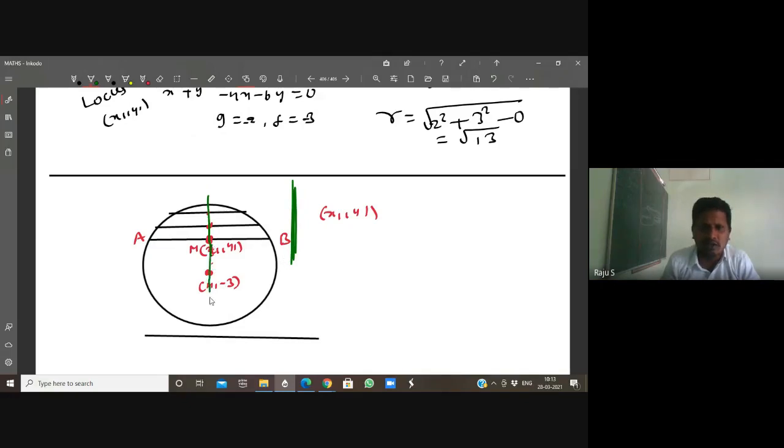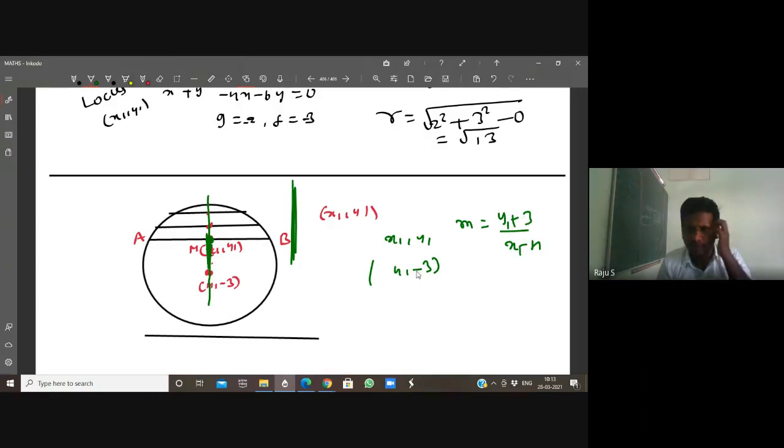So when I join the point 4 comma minus 3, the center, and this midpoint, we get a line segment. The point is x1, y1 and the center is 4 comma minus 3. And the slope formula is y2 minus y1 by x2 minus x1, that is y1 plus 3 by x1 minus 4. This is the slope m1.